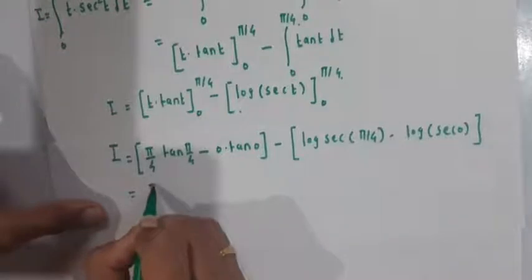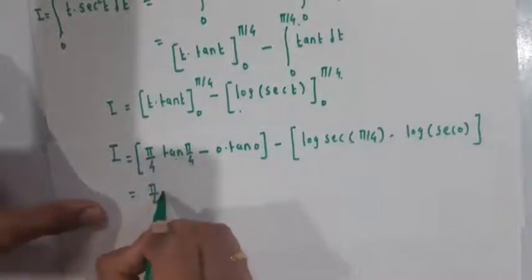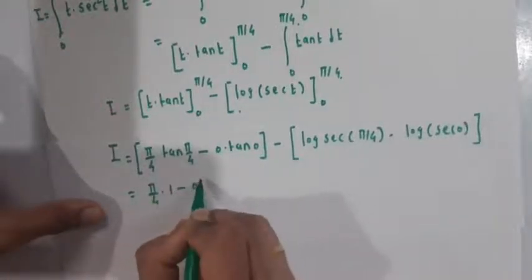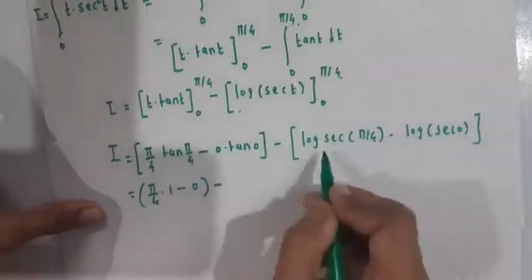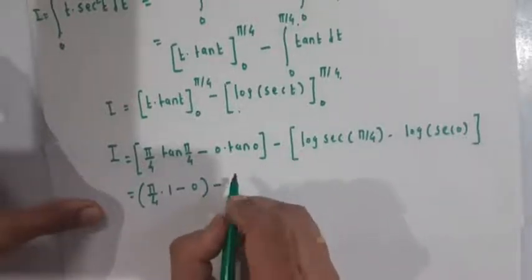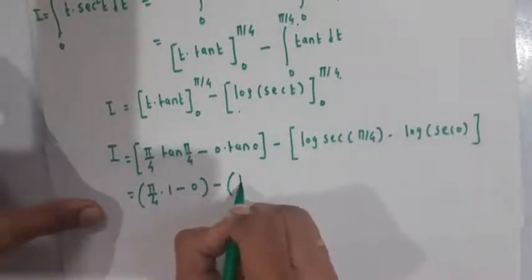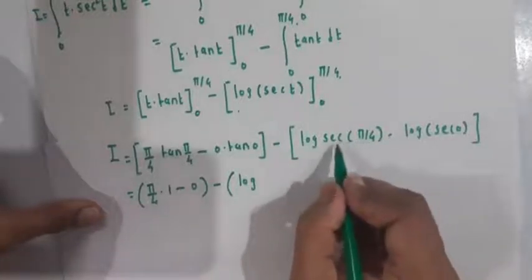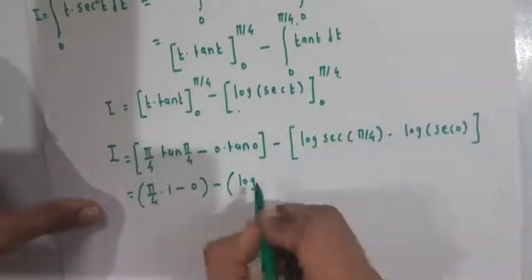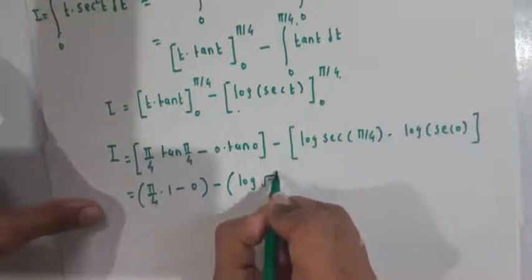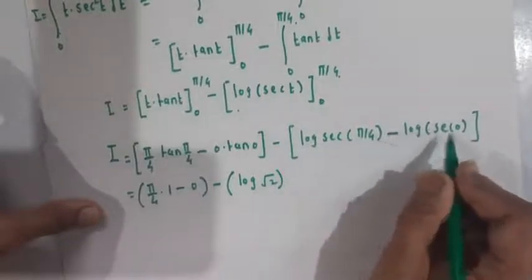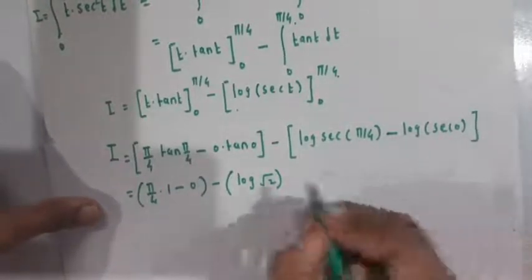This is equal to pi by 4, tan pi by 4 is 1, minus 0, minus log of sec pi by 4, whose value is root 2, log of root 2, and minus log of sec 0, that is 0.